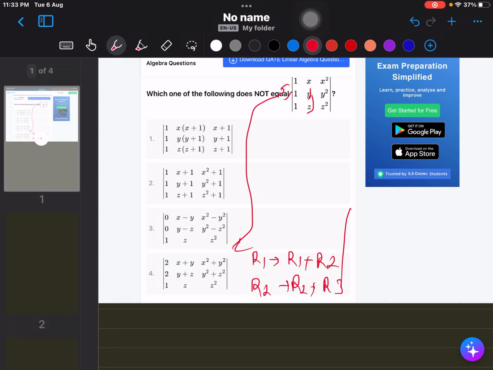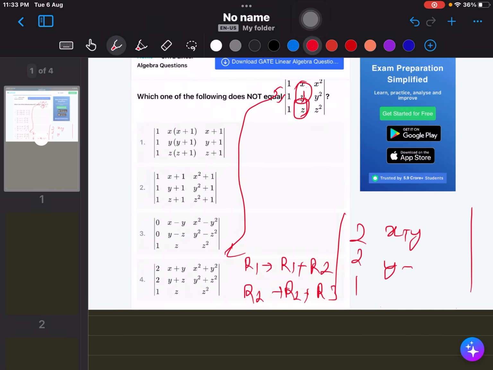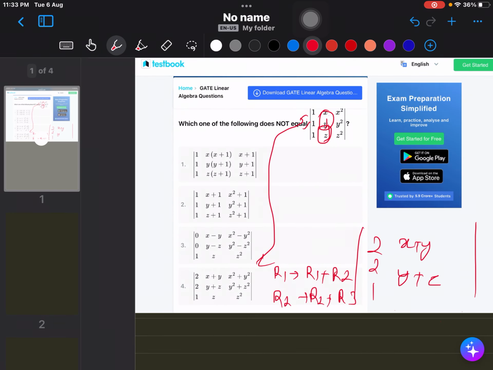So if we do this operation, we'll get 2 2 1, x plus y here, row 1 plus row 2, x plus y and y plus z, and we are not doing any operations with row 3, so this will remain z only.